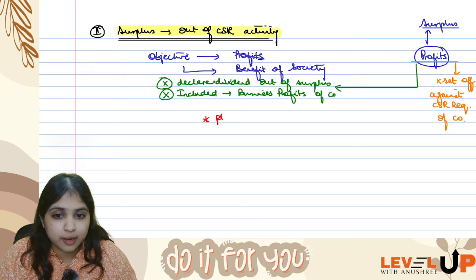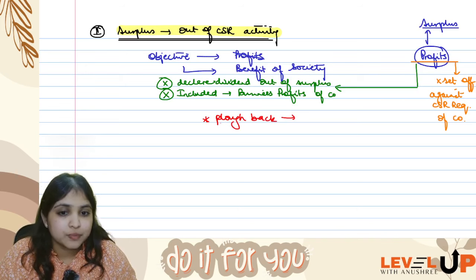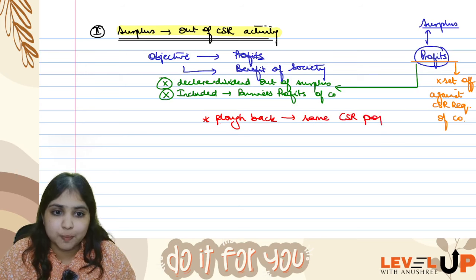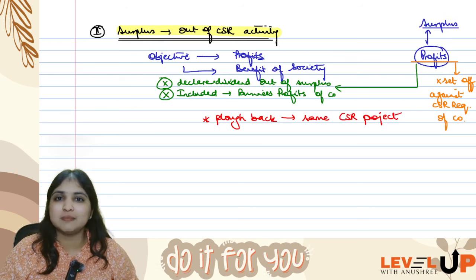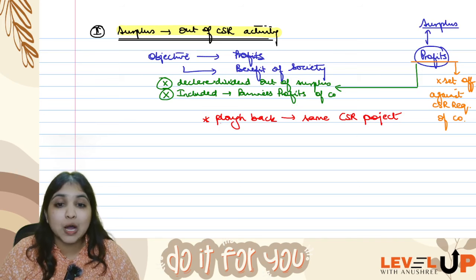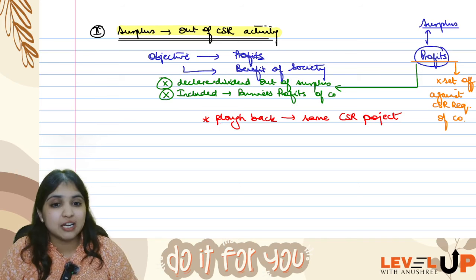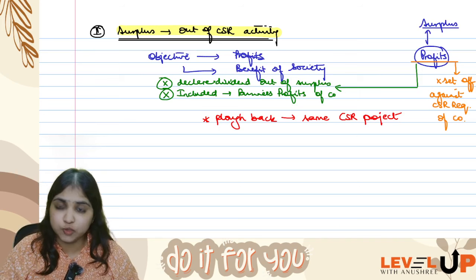Option number one, you can plow it back into the same CSR project, which means company, you made this surplus out of the hospital, no? You reinvest this money in the hospital itself. Plow it back means reinvest it into the same CSR project.